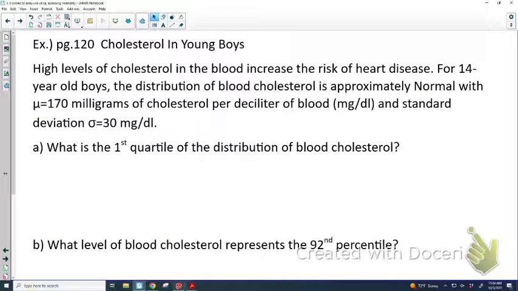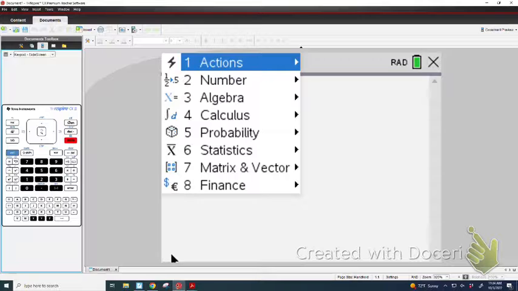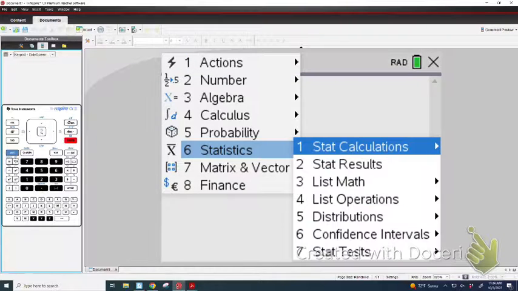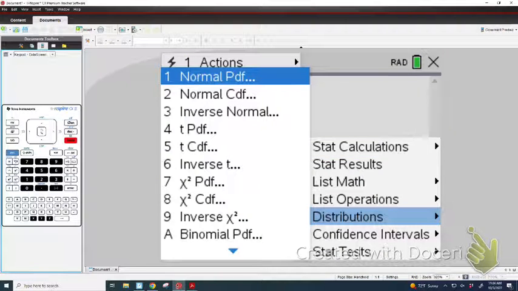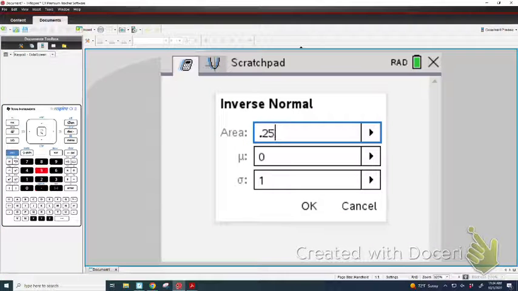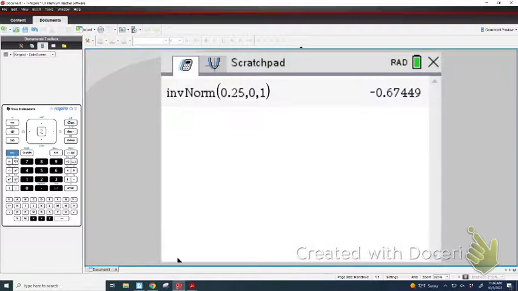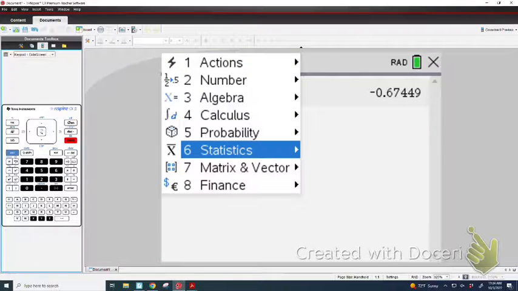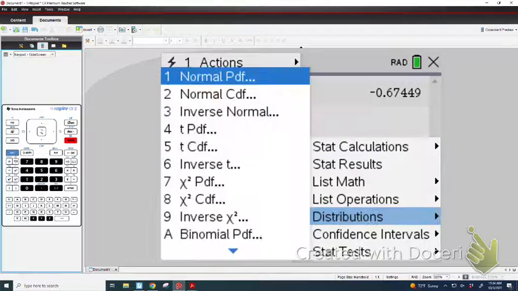So we go to menu, stats, distributions, inverse normal, 0.25. And that's it. Negative 0.67.